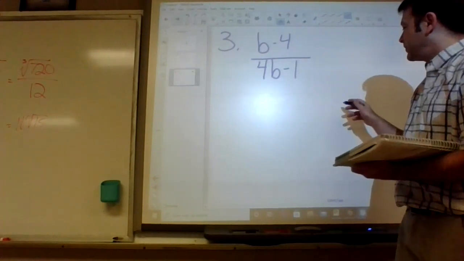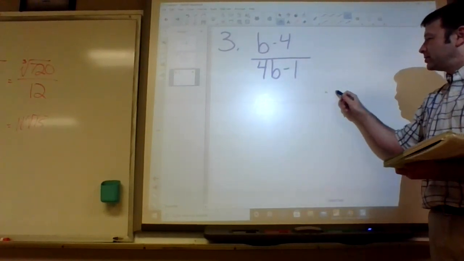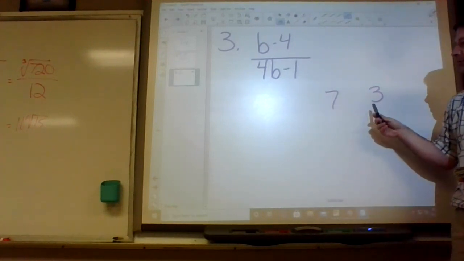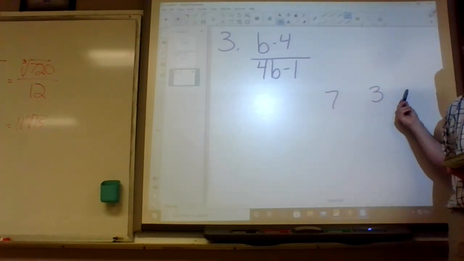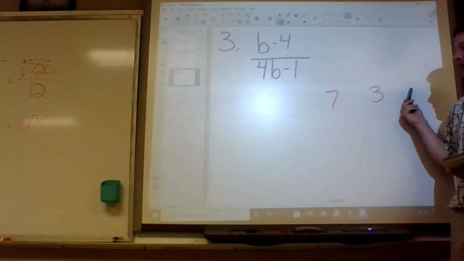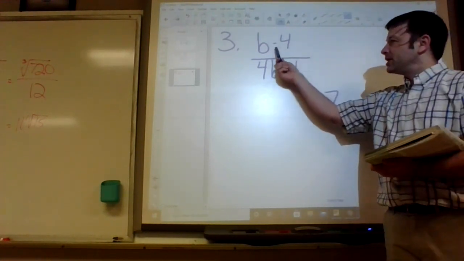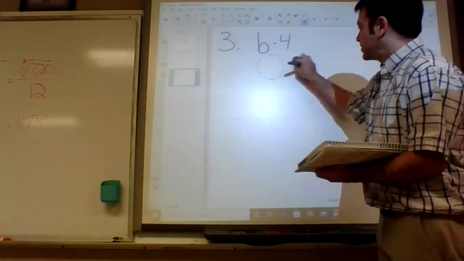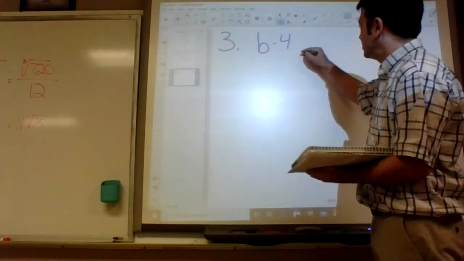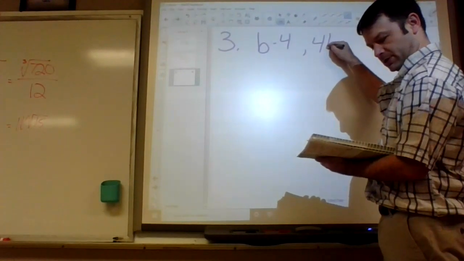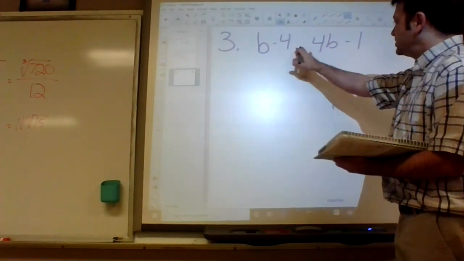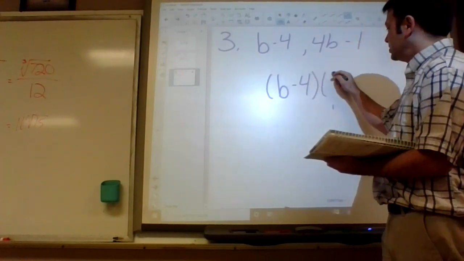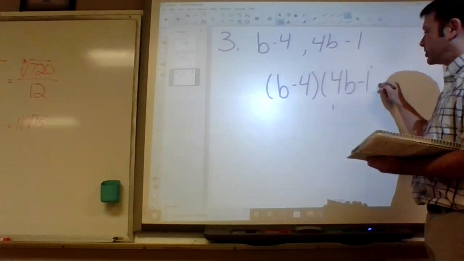So if two numbers don't have anything in common, like say 7 and 3, they don't have any common factors. What's the least common multiple for 7 and 3? 7 times 3. If these two things don't have anything in common, then the least common multiple is just the two things multiplied together.